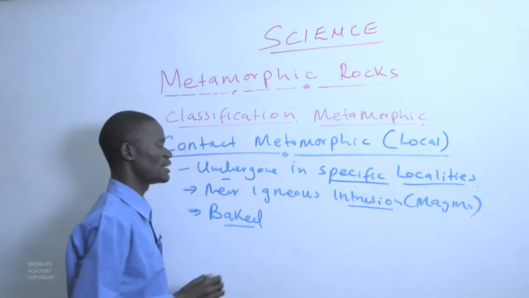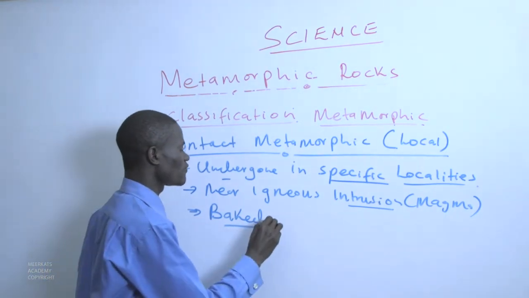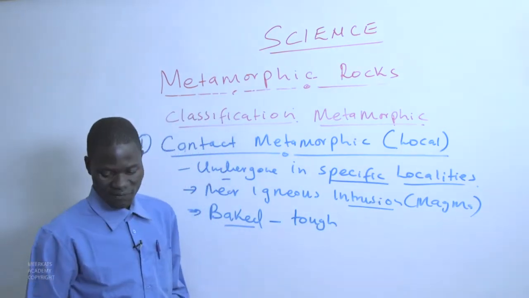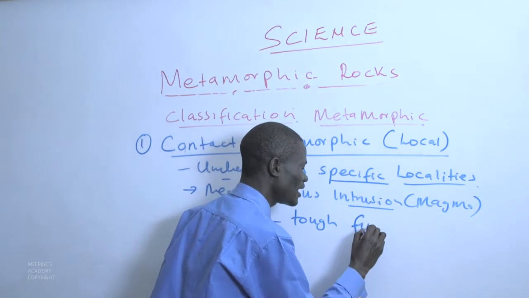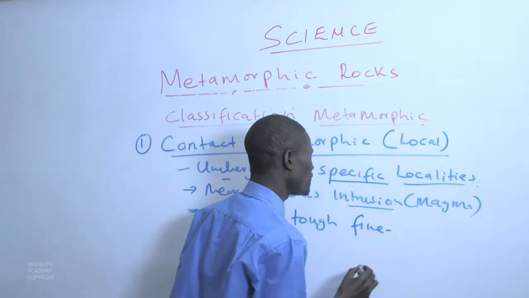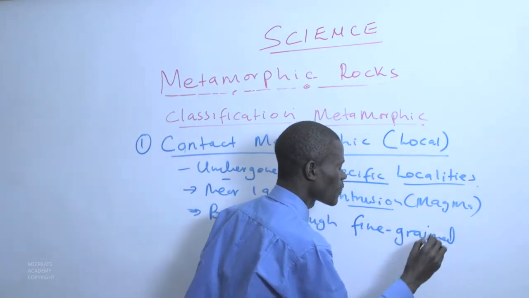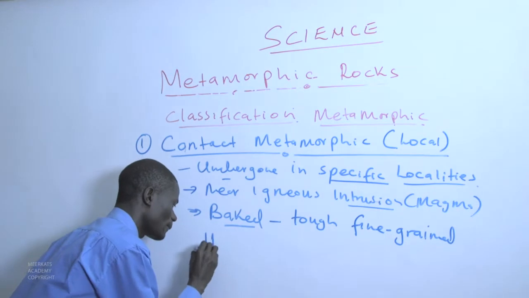As a result of being baked, they will form a tough, fine-grained rock that is known as hornfels.